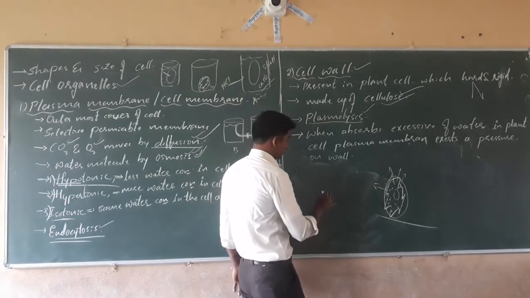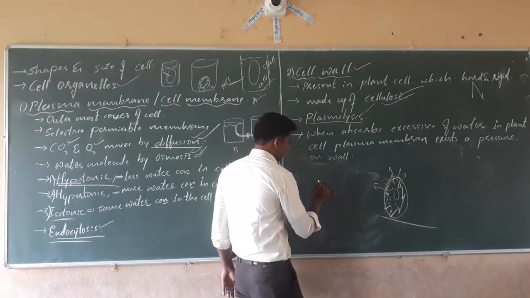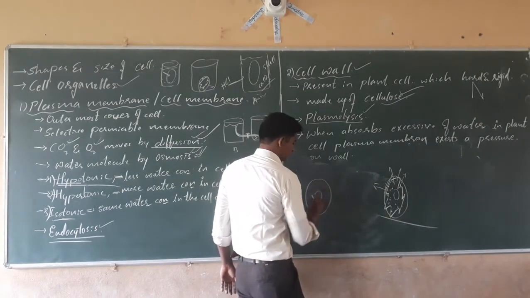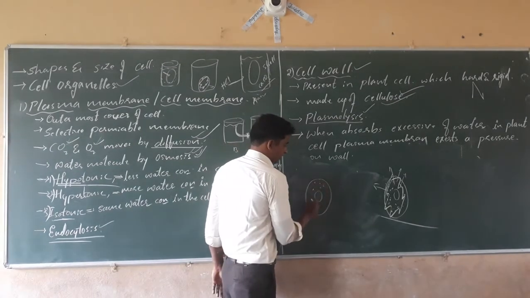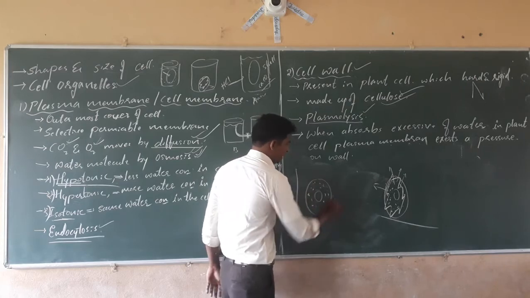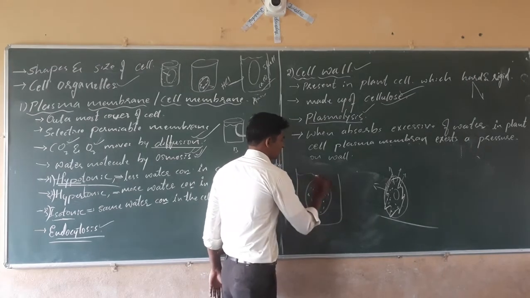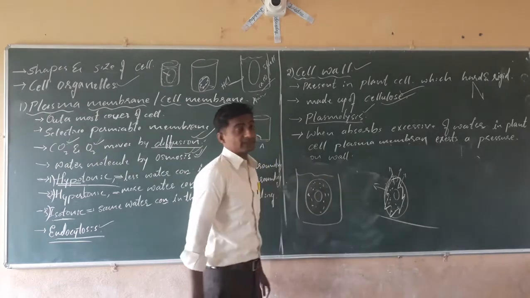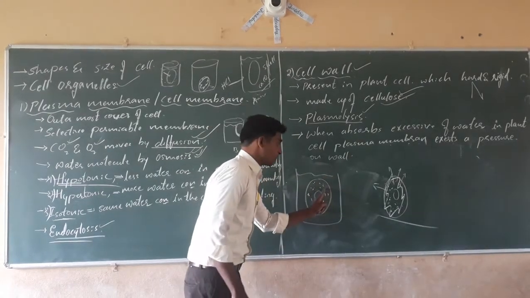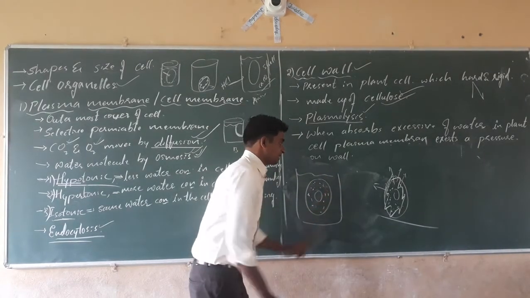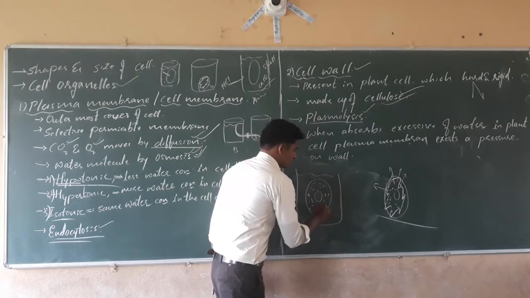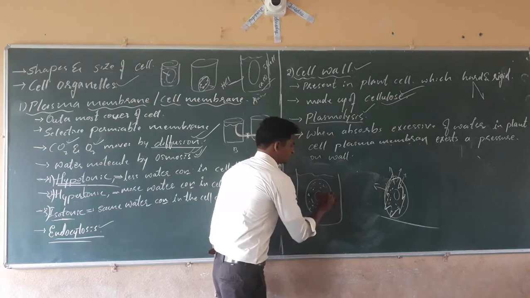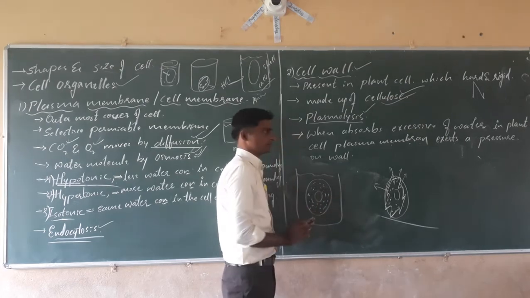Take a cell with water concentration, then put the cell in a beaker filled with water or a salt solution. The same concentration of water should be present in the cell and the surrounding.